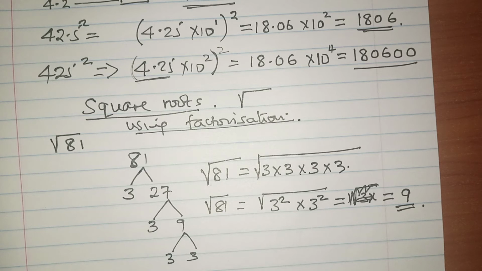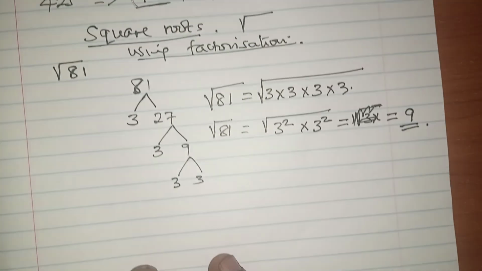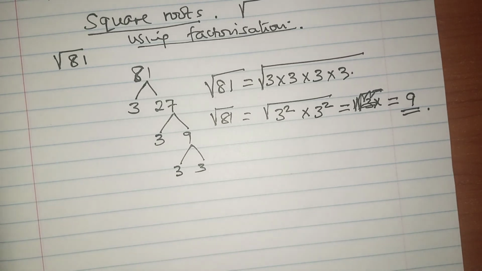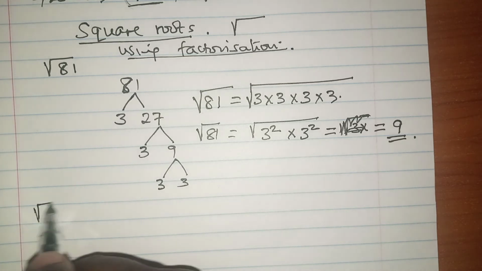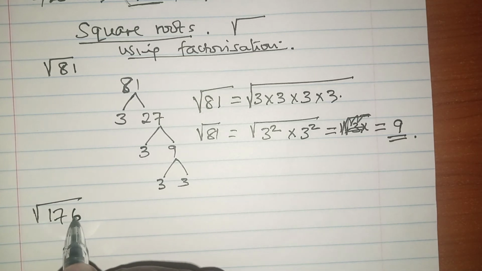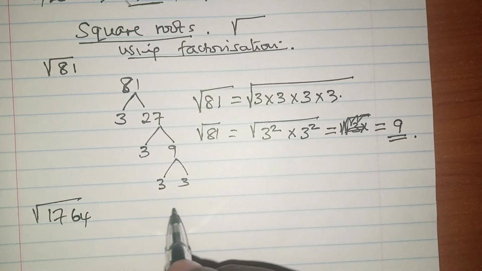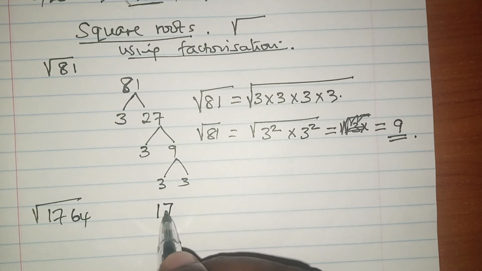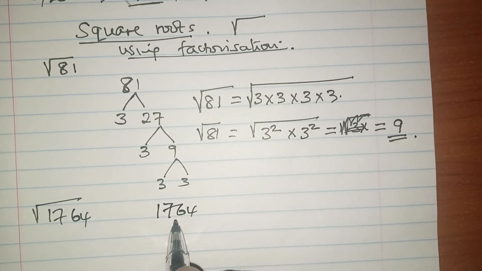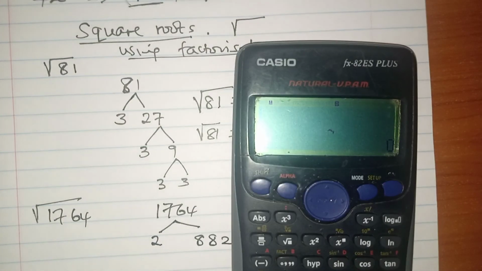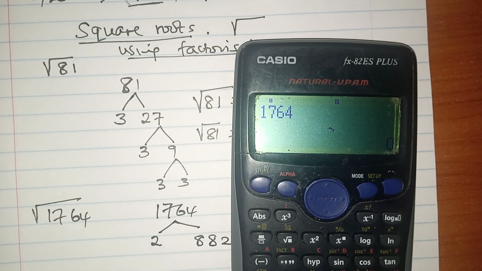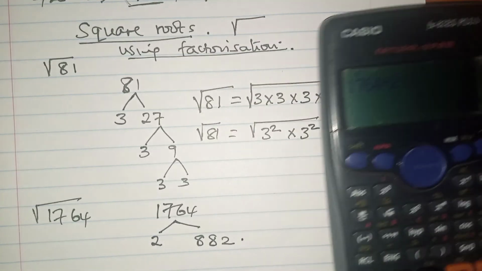And I may want to give another example, which is the square root of 1764. Can 2 divide this number? Yes. Let's confirm that. 1764 divided by 2 is 882.